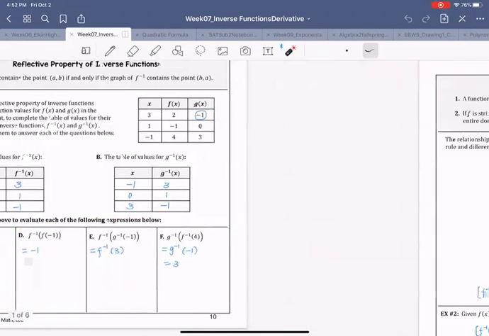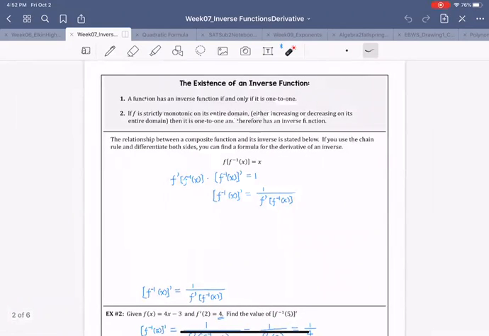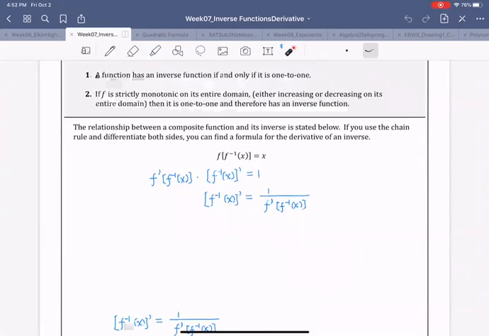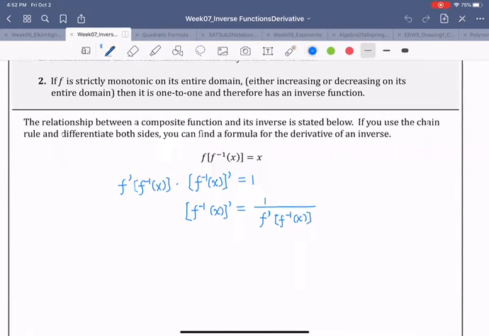Well, I'm going to jump to the major part for today. If you have f of f inverse of x, that is going to equal x, right? Yeah. I remember that from algebra 2 also. The question was like, prove that these two are inverses, so we plug them into each other, which is supposed to end up with x.